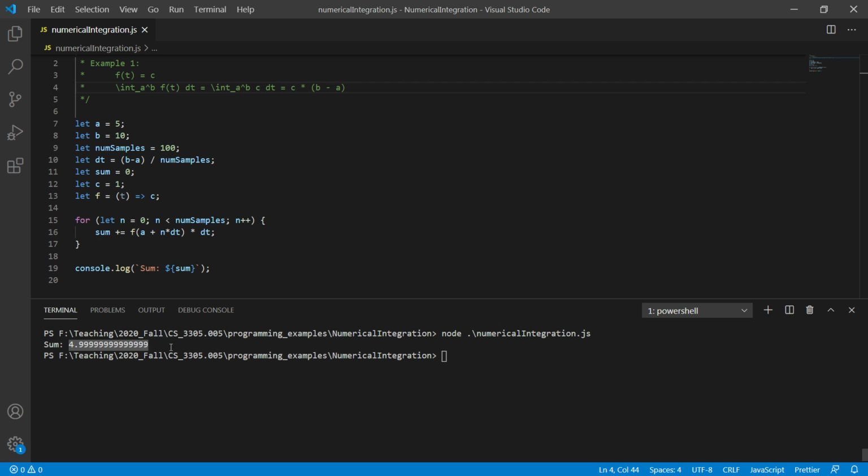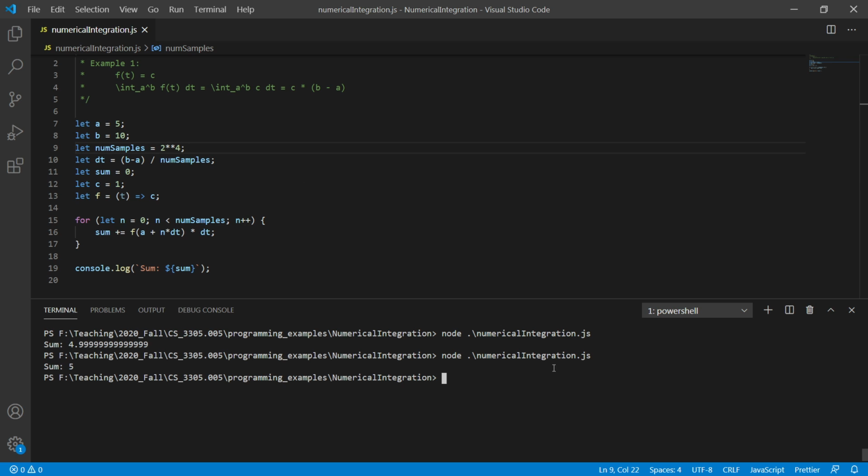So this is a limitation of floating point arithmetic, and it's why we use tolerances or neighborhoods around some value that we're expecting, because what we would get when we compute it by hand is not necessarily what we would get whenever we compute it using floating point arithmetic. So here, let's change this to a power of 2 and see if we get a different result. We'll say 4. Right.